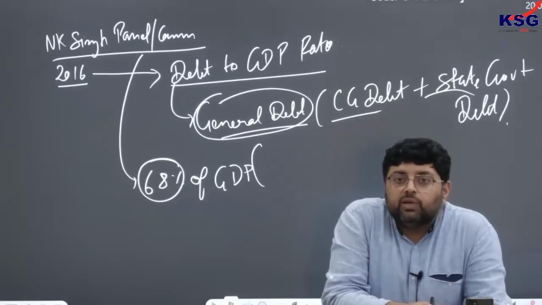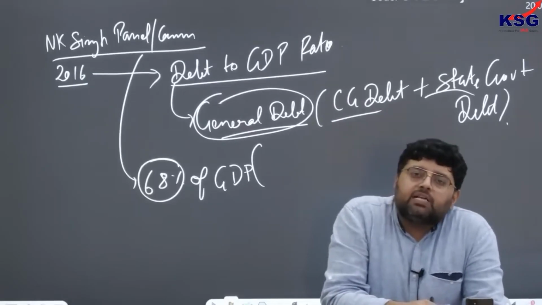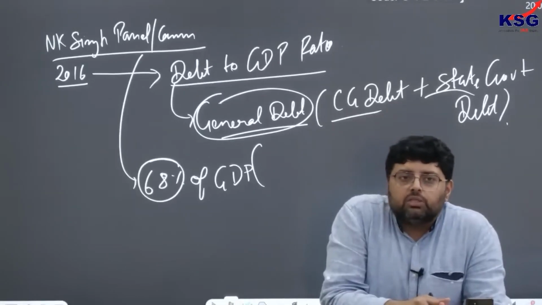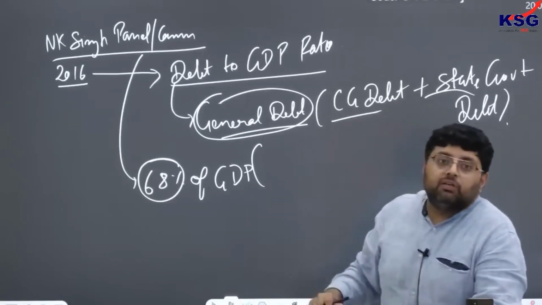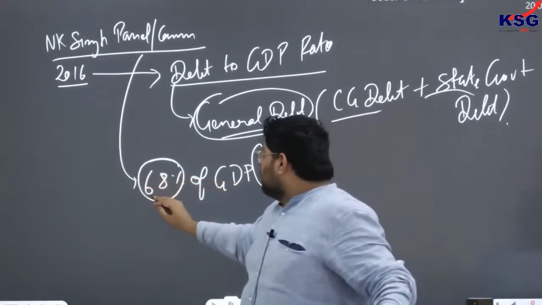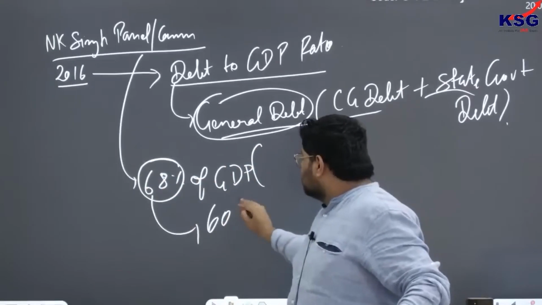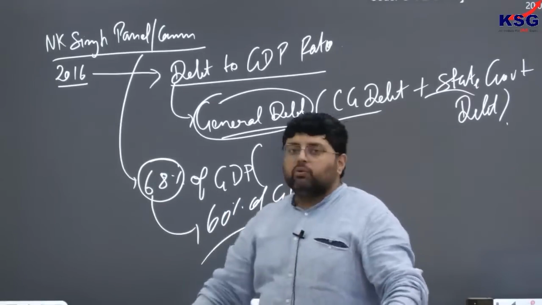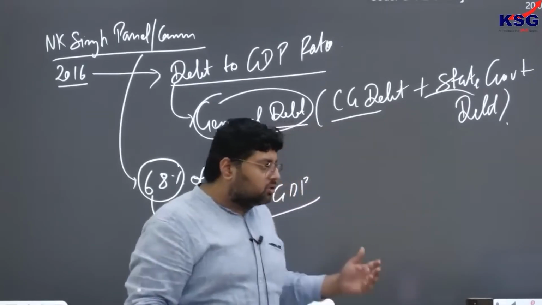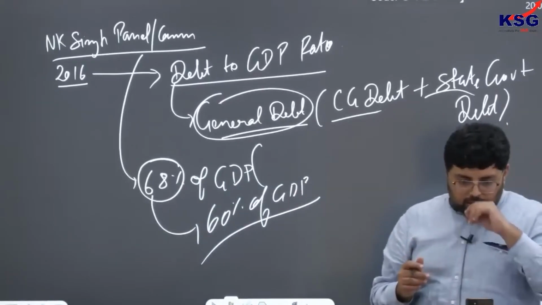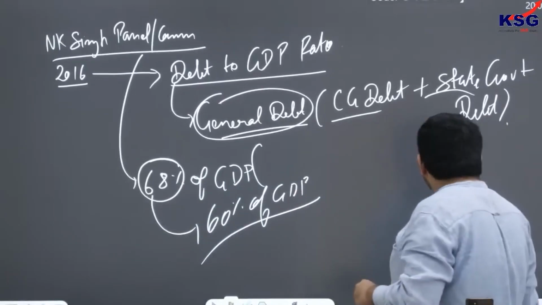So he came out with a number: the past borrowing of both center and state together, known as general debt, comes out to be 68% of GDP in 2016-17 when he gave the report. He wants it to be reduced to 60% of GDP by 22-23. Clear? So this is the recommendation he has given. Now come to the last point, then we'll shift to a new chapter.